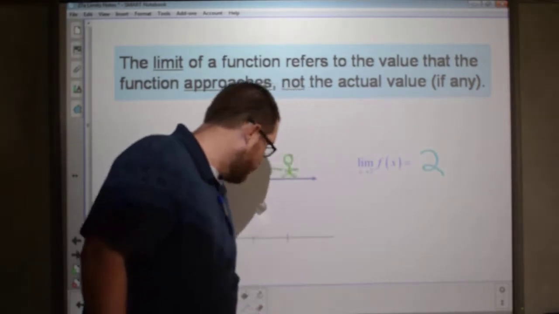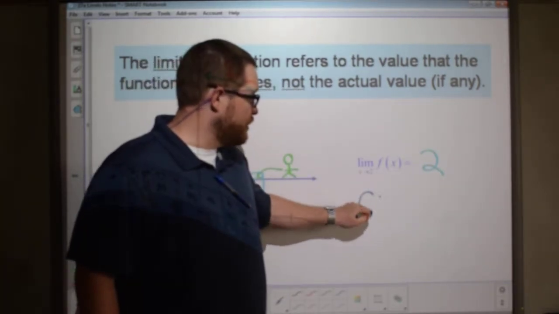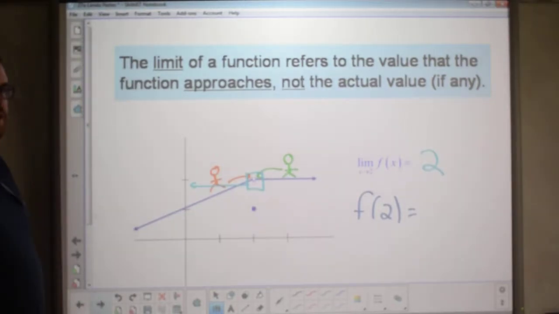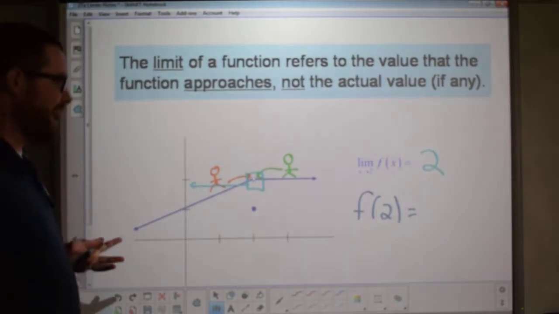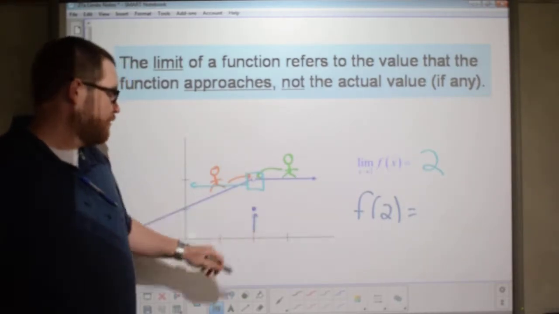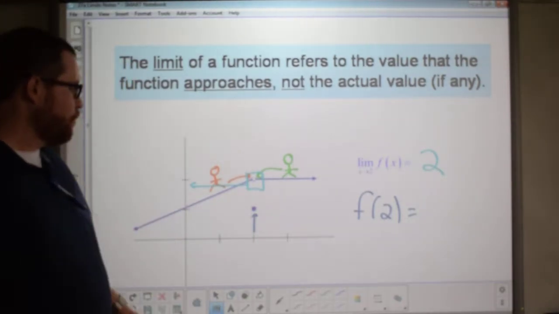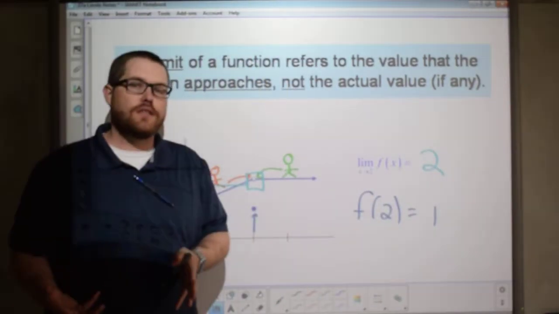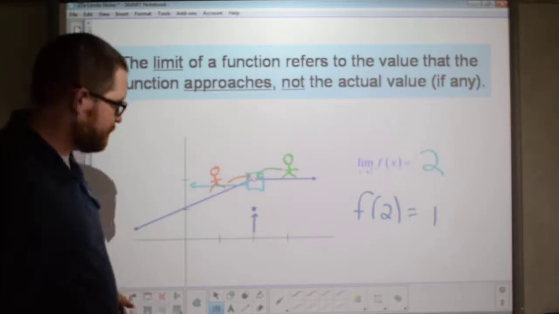Now that's a very different question than this question. This question says, where does the function exist at x equals 2? Well, at x equals 2, the function isn't the hole, the function is the point. What's the y value of the point? 1. So here's a good example where the point and the limit aren't the same.